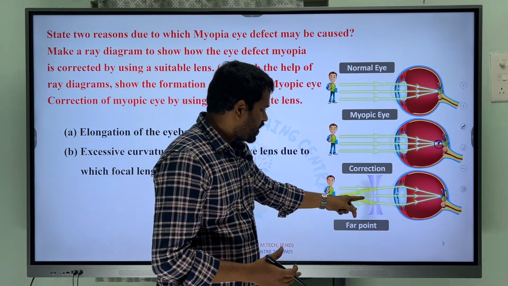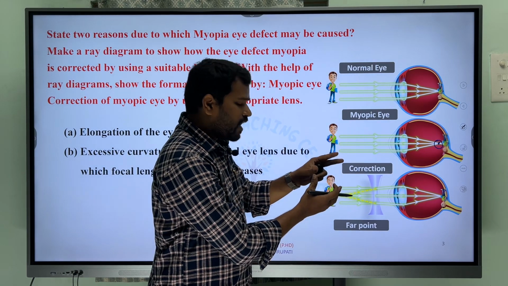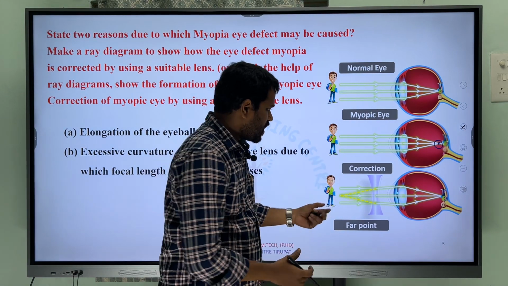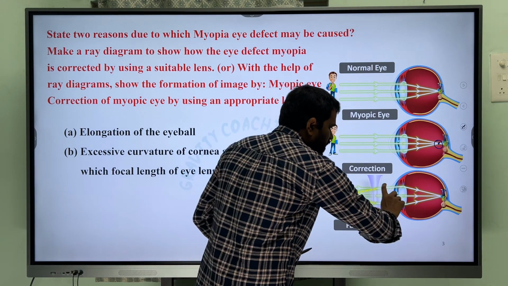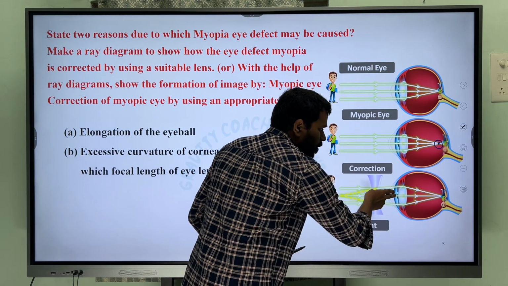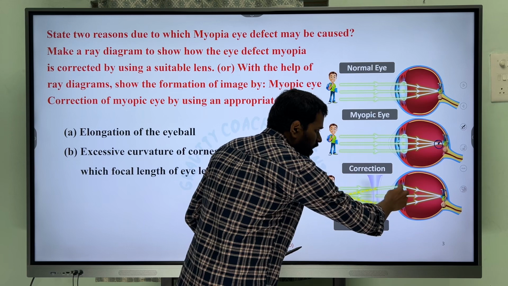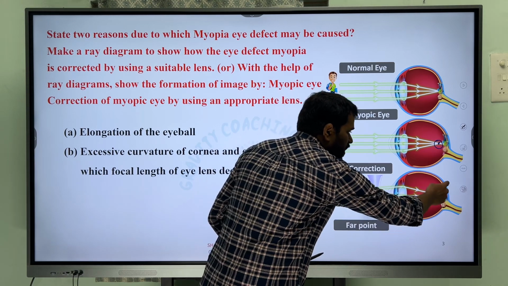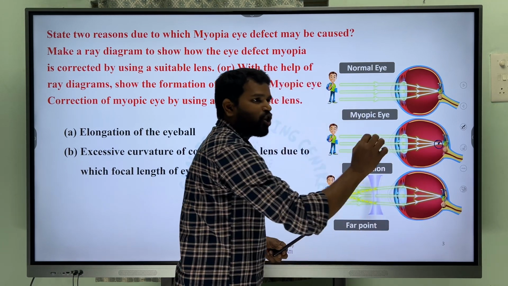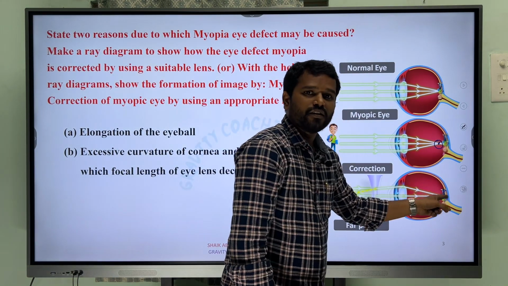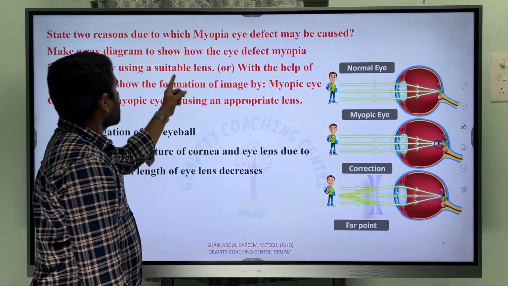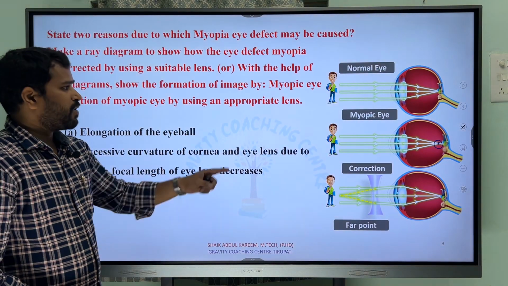So these concave lenses will diverge the rays a bit, and after passing through the concave lens, the rays will bend after passing through the cornea and eye lens, so that the image will be sharp and clear, formed on the retina.